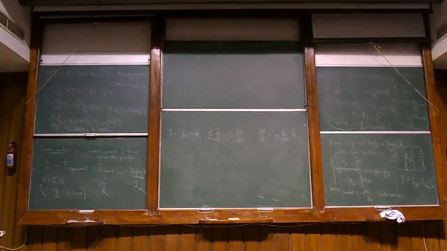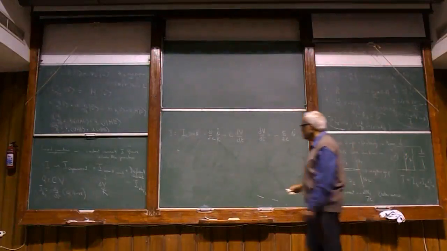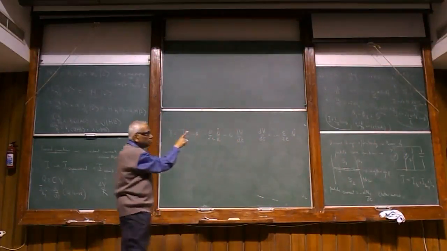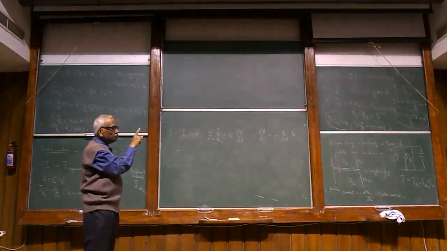What happened? It was minus dN1/dt. No, lost. Suddenly, I mean, it should have been 4e squared.